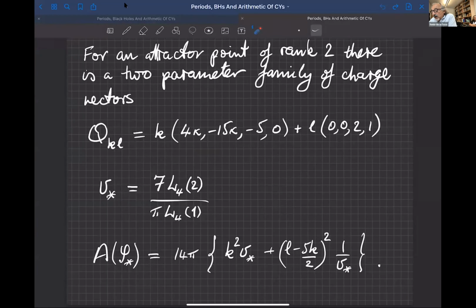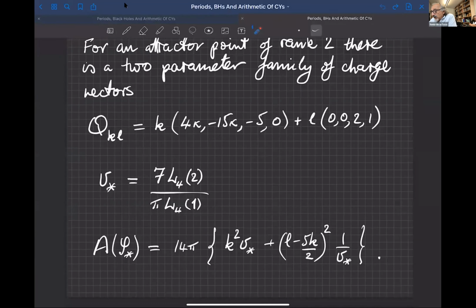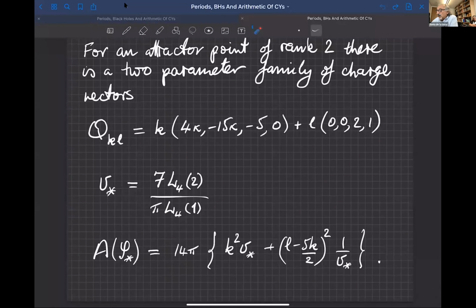And then you find that the area of the black hole, which is a rather physical quantity, is written very nicely in terms of these numbers, V star. Okay, so I think that's where I'm going to stop.